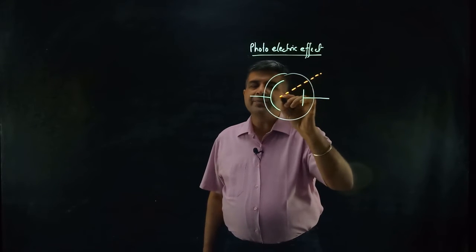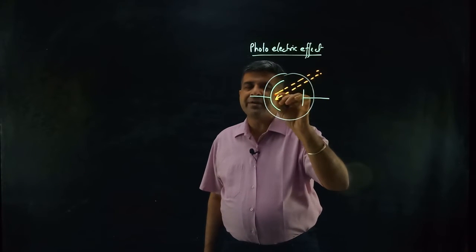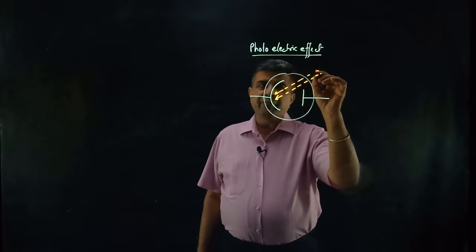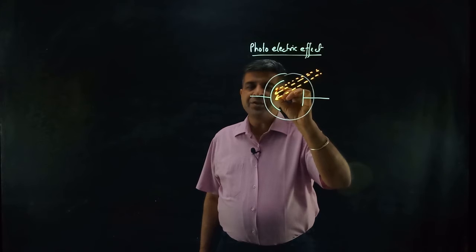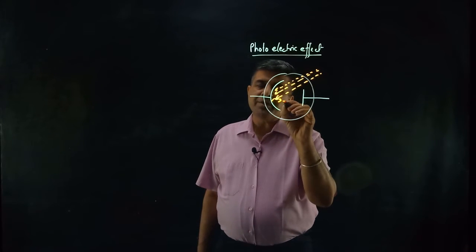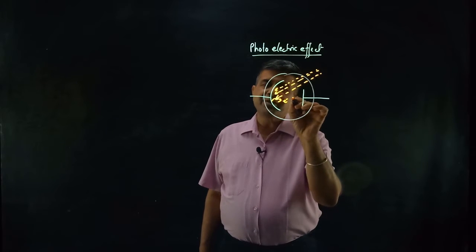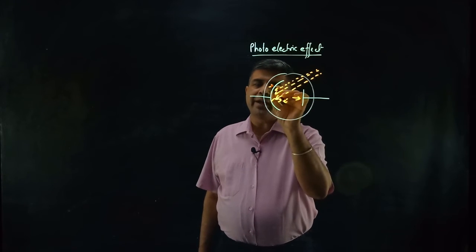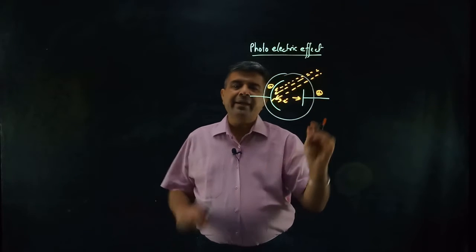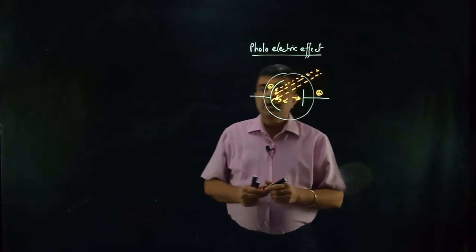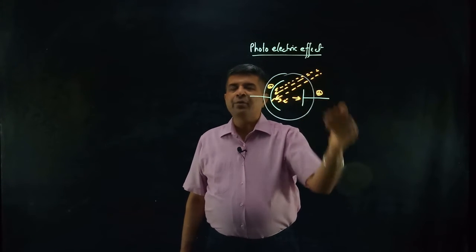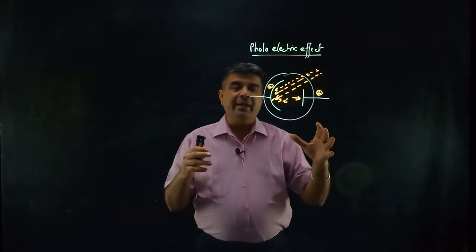Now when light is made incident on this photoelectric cell, this is usually made up of cesium or a metal which has a very low ionization energy. So the electrons can eject out from the surface of the metal and they will start flowing in this direction. This is a negative electrode and this would be a positive electrode. And if it is connected in a circuit, we can convert these photons or light into electricity. So this is particle characteristic.